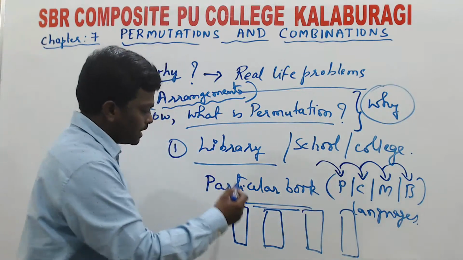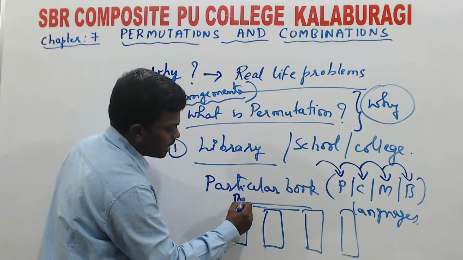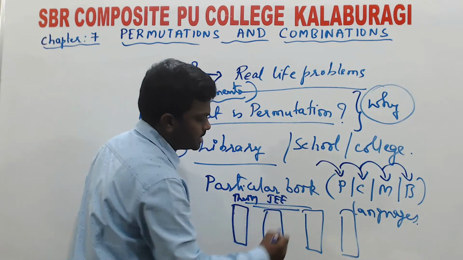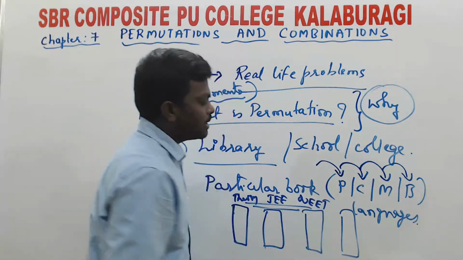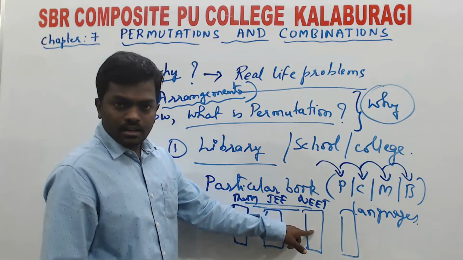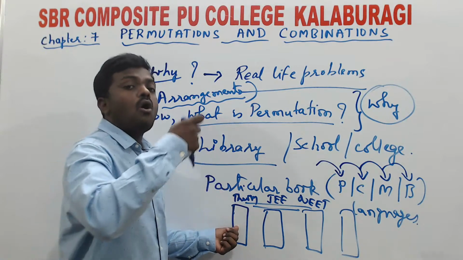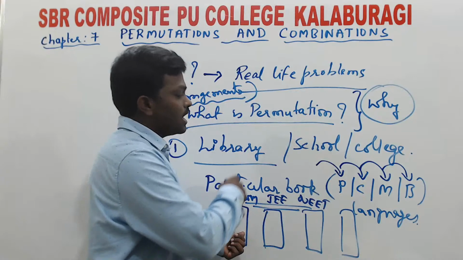In the first cupboard he may arrange the theory books, in the next JEE physics books, and in the next NEET books. You won't find JEE books in the NEET rack or NEET books in the theory rack. In some order, he is arranging the books.